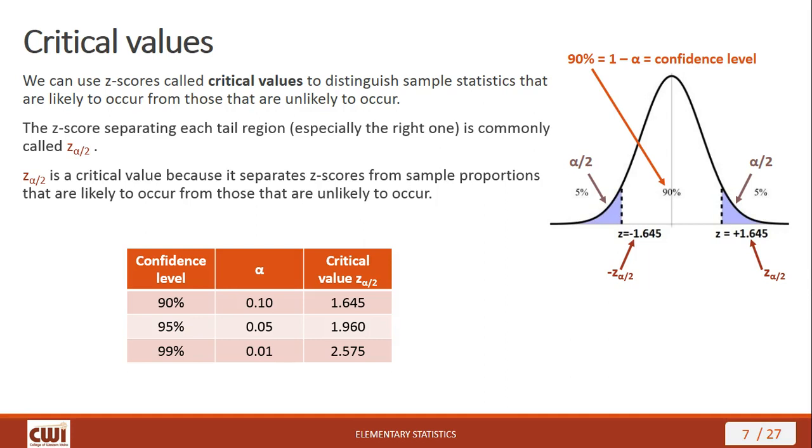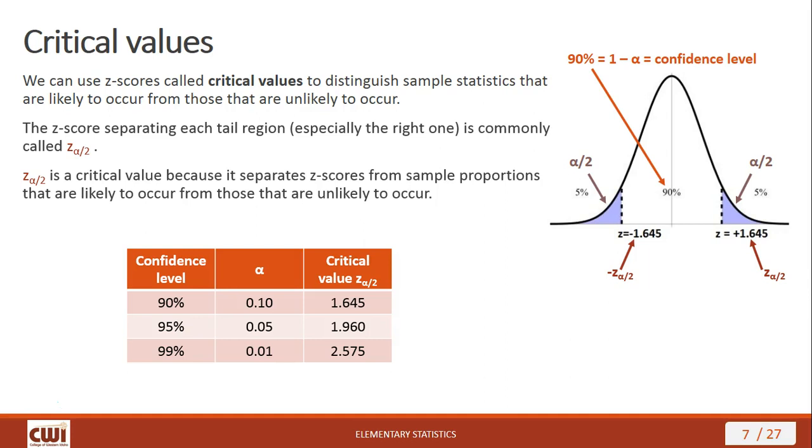So a confidence level of 90% corresponds with an alpha of 10%, or 0.1. If you put this into the standard normal distribution calculator or look at a z-score table, you'll find that this corresponds with a critical value of 1.645 because you have 5% on either side of the distribution.